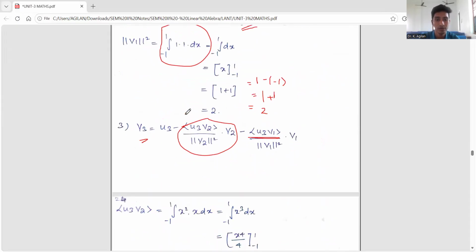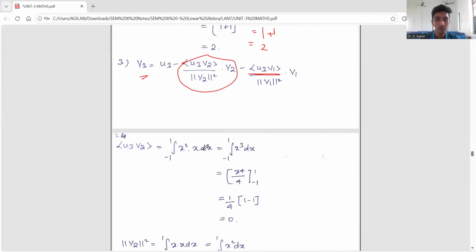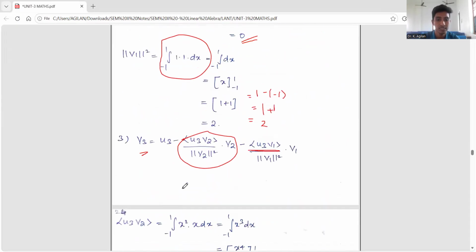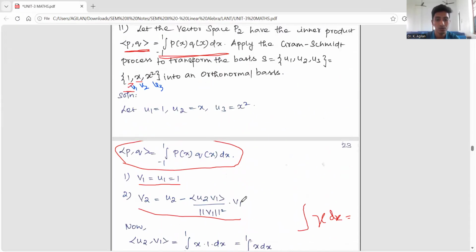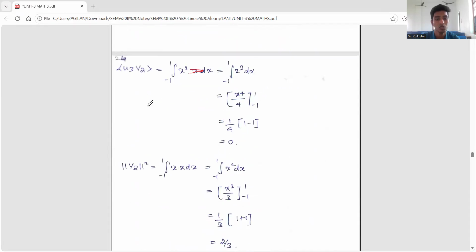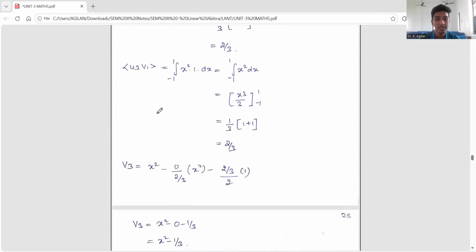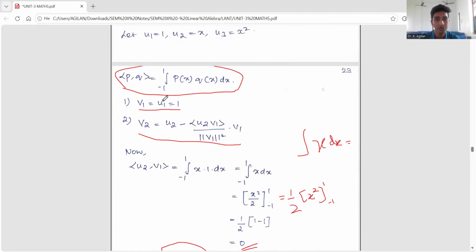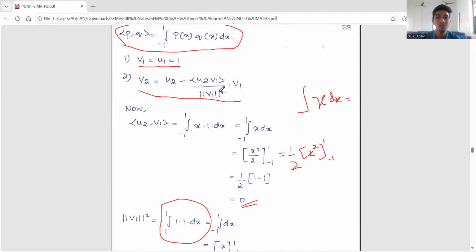V2 is 0, right? U3 is x squared, and V2 is 0. So this term only vanishes, sorry.